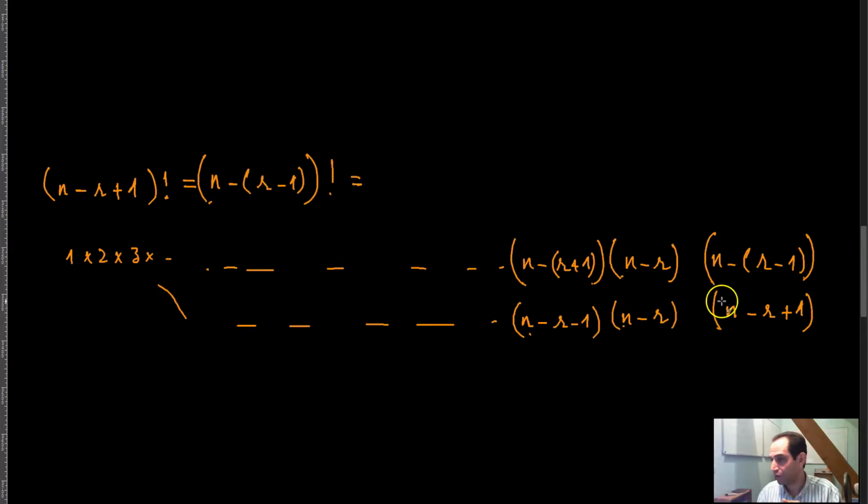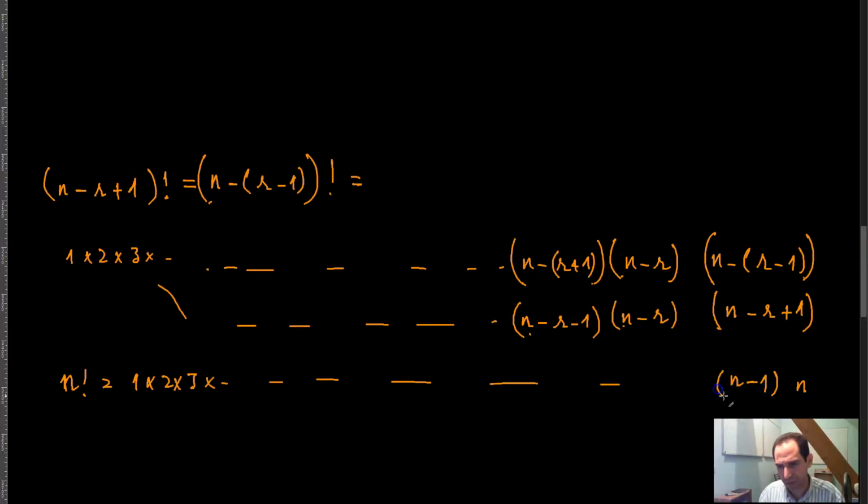Now, if you have something like n factorial, which is 1 times 2 times 3 times all the way up to n, the term before that, as we argued before, is n minus 1. The term before that is n minus 2. The term before that is n minus 3, and so on and so forth.